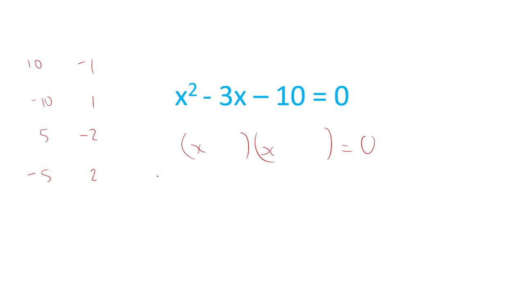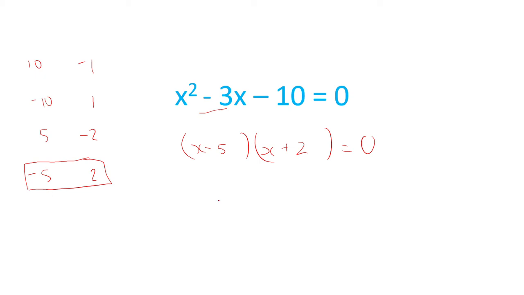And of those four combinations, we need them to add up to give minus 3. And of those, minus 5 and plus 2 are our solutions here. So x minus 5, x plus 2.